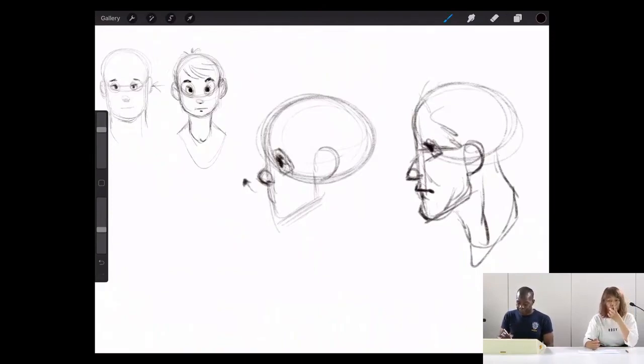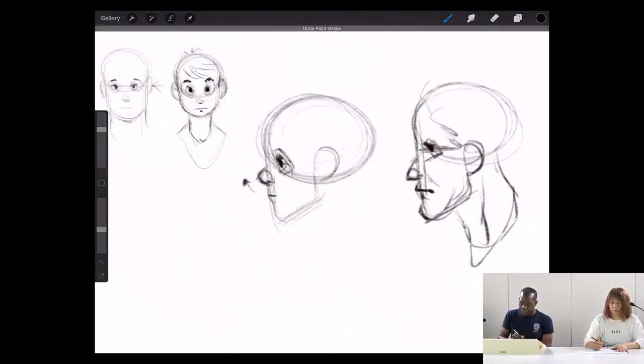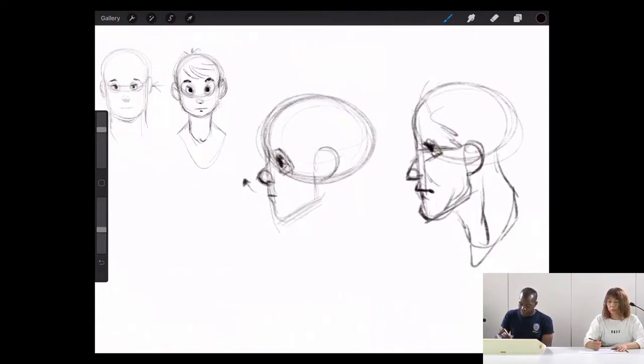Even though when they get older, the nose probably will get larger and will probably angle down, when they're younger, it's angled up.